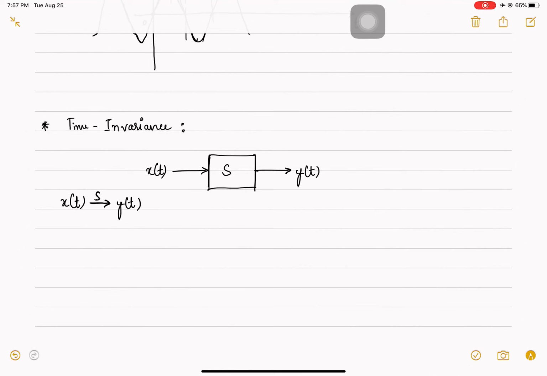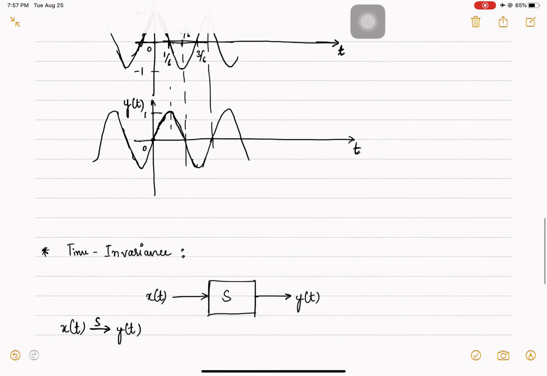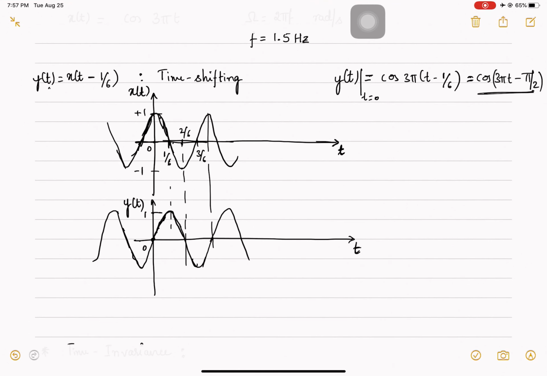Now I'll keep the system S the same, and I shift the input by some units. Let's say I delay or advance it. What we did in the previous case with x of t minus 1 by 6 was delay the cos signal by 1 by 6 units.